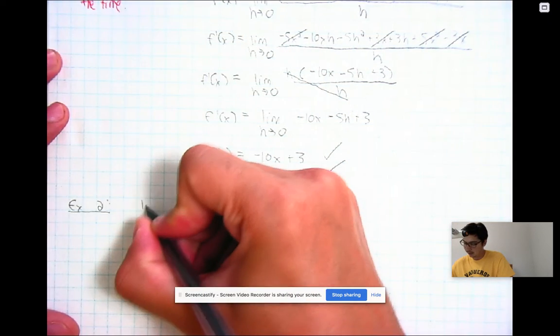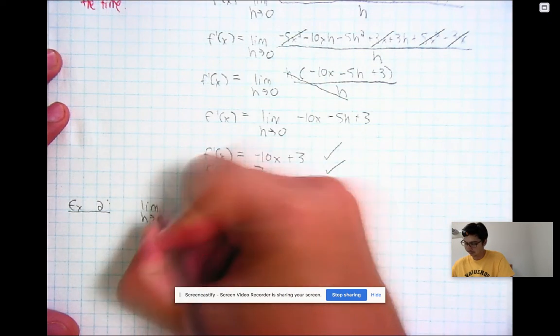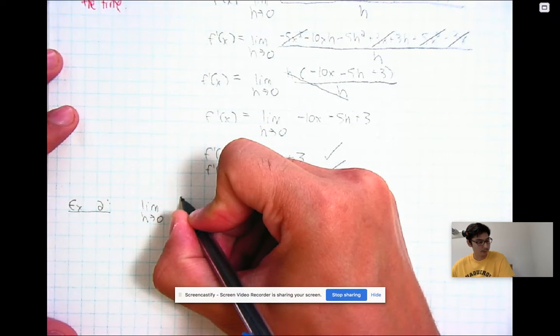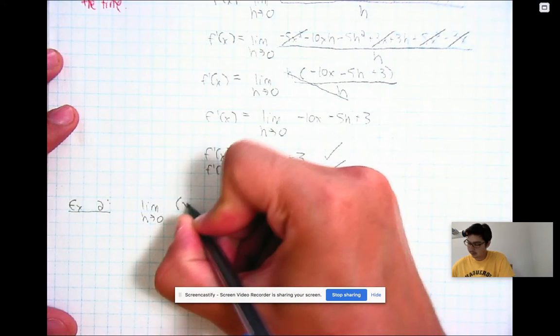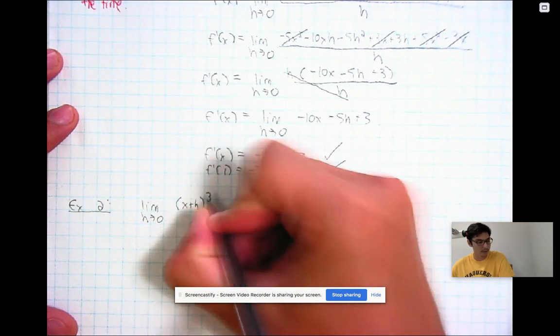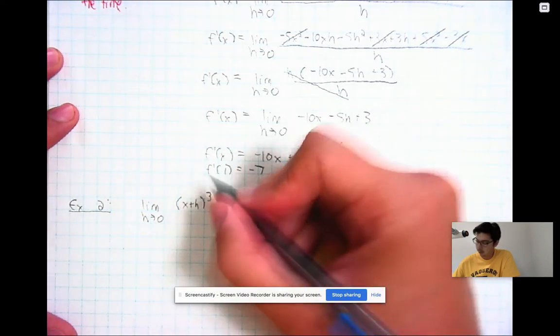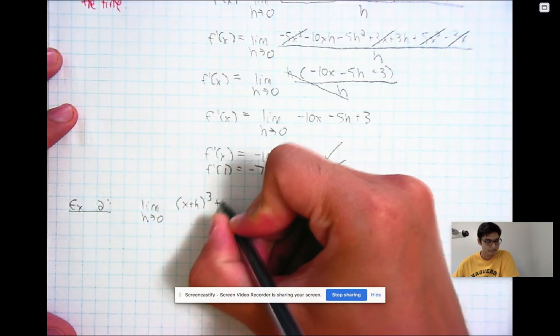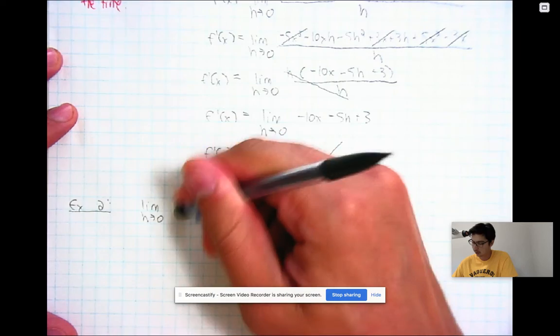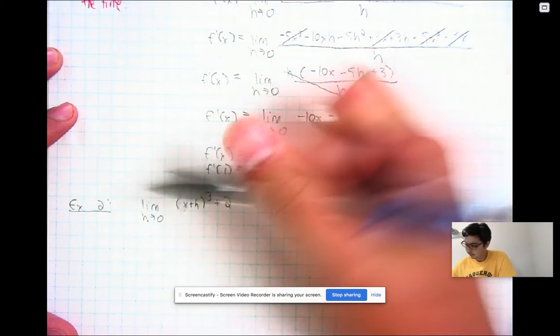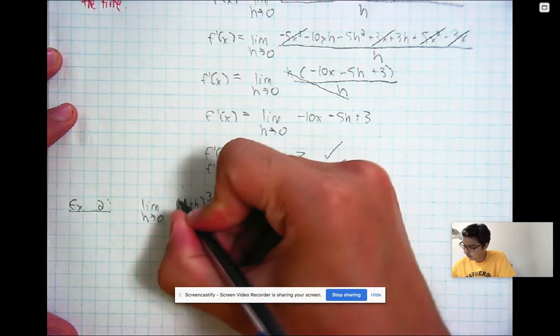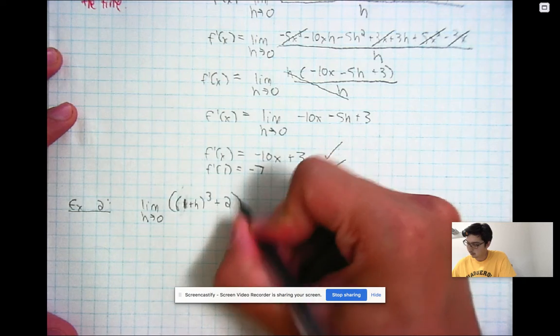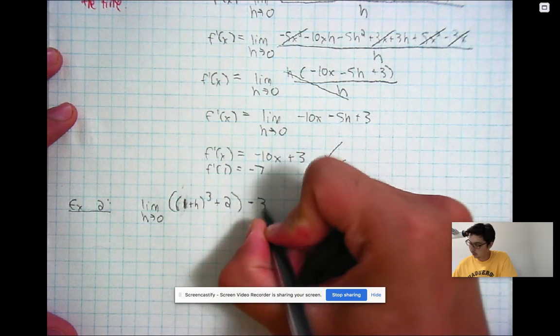So say we have the limit as h approaches 0 of, and I wrote this down, x plus h to the third plus 2. Oh, I'm sorry, not x plus h. Let's do 1 plus h to the third plus 2 minus 3 over h.